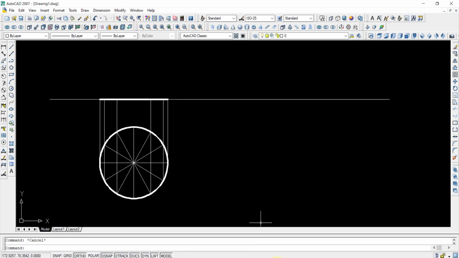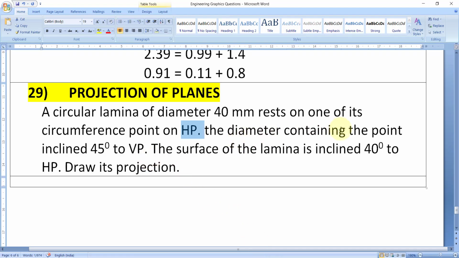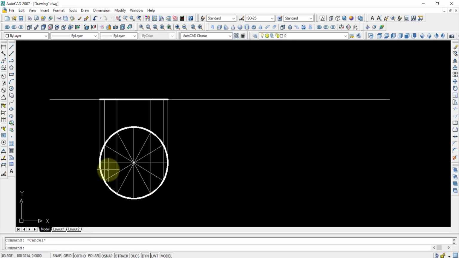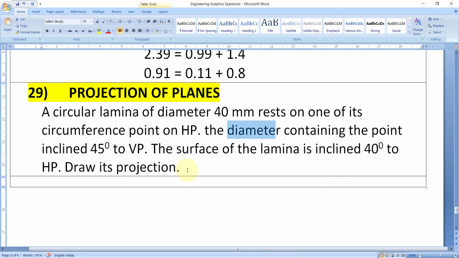Now the second point in the question. The diameter containing the point is inclined at 45 degrees to VP. Since it is 45 degrees inclined to VP, this one will be visible to us in the HP, and it is saying that the diameter is to be altered. So let me say this is my diameter, and that one is inclined at 45 degrees.